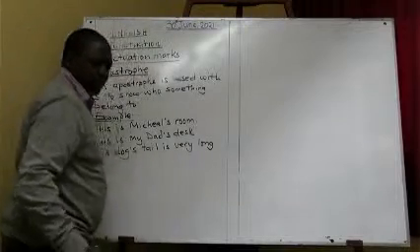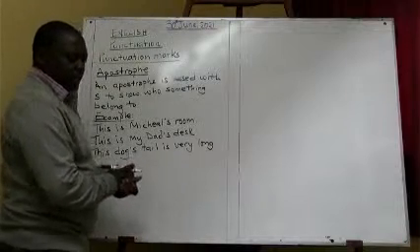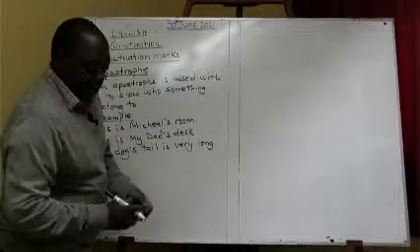Also, an apostrophe is used to show where one or more letters are missing in a construction.